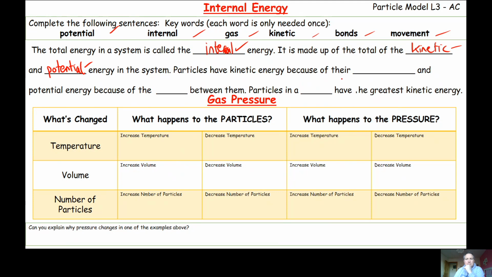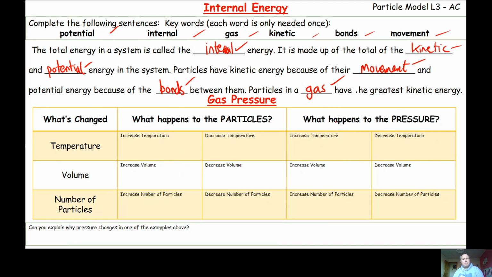Particles have kinetic energy because of their movement. Good. And potential energy because of the bonds between them. Particles in a gas have the greatest kinetic energy. Good job. Make sure you've corrected those or mark them to show that they're all correct.